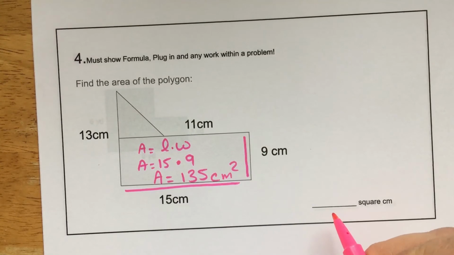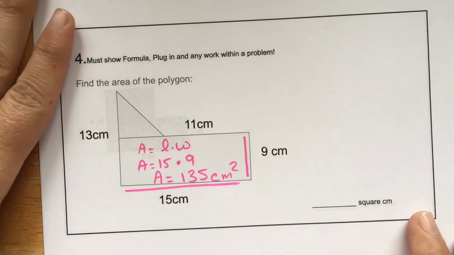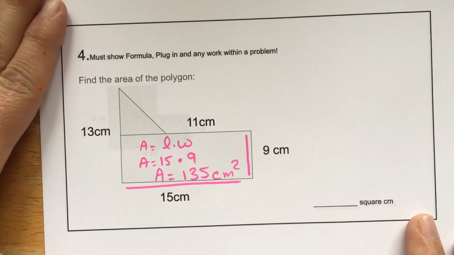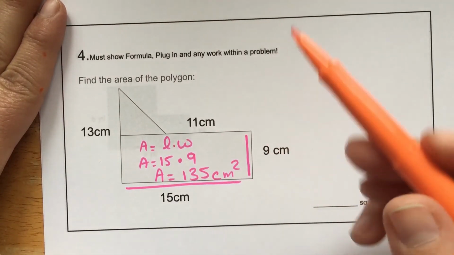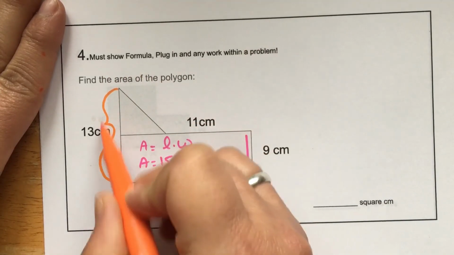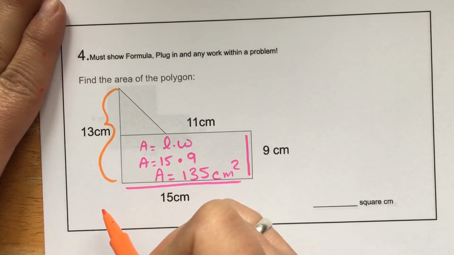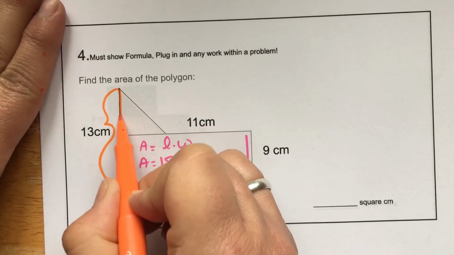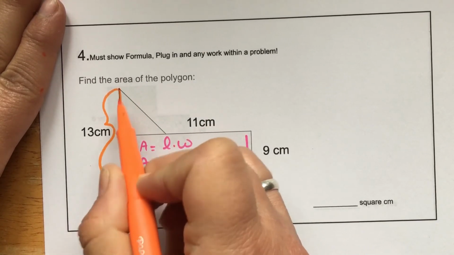That's not our final answer because, again, that's just for the rectangle. So now I've got to come up here and figure out this triangle. And this is the tricky part for some people. You have to understand that if this whole side is 13, I don't need that whole side. I just need this part here. So I've got to figure out, well, how tall is that?